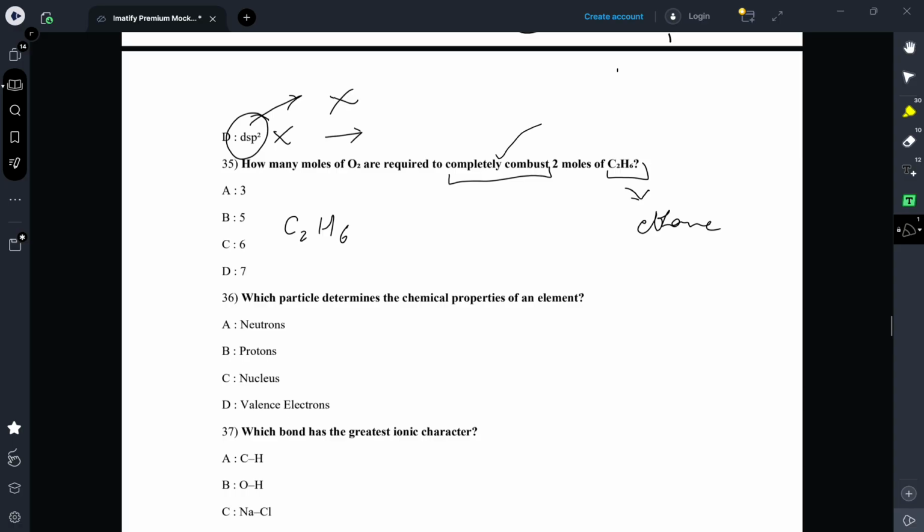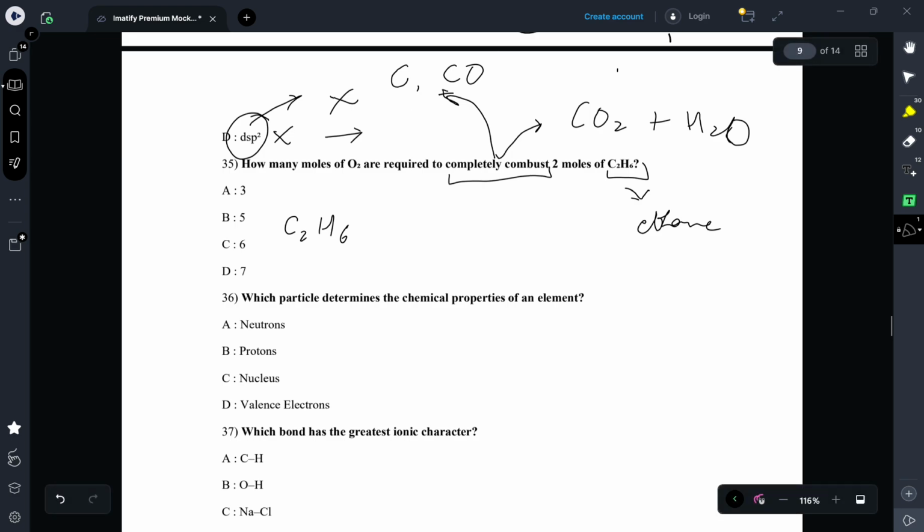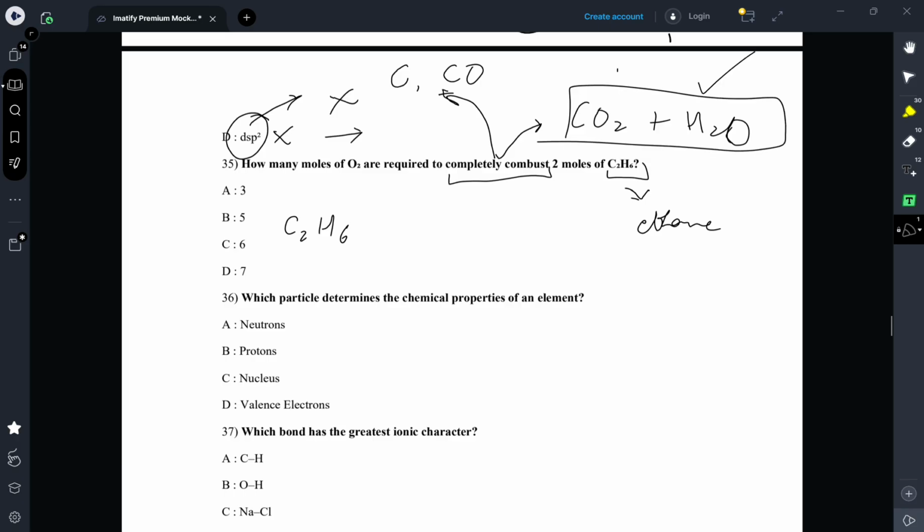Complete combustion is in excess oxygen, and the products are CO2 and H2O. In incomplete combustion, oxygen is limiting, and the products can sometimes be carbon, sometimes carbon monoxide, so they will specify the products. But in complete combustion we always get this: plus O2 gives CO2 plus H2O.